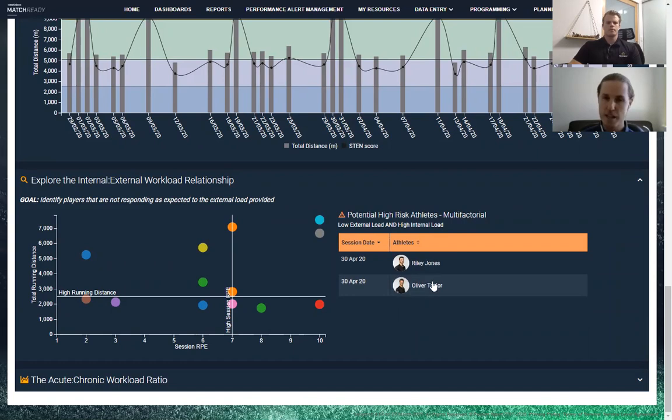We've configured this table to flag people, and all our clients have the accessibility to do this themselves. Flag anyone that has met these two scenarios, and this could be more than two scenarios as well in terms of your philosophies and also through our consultation.